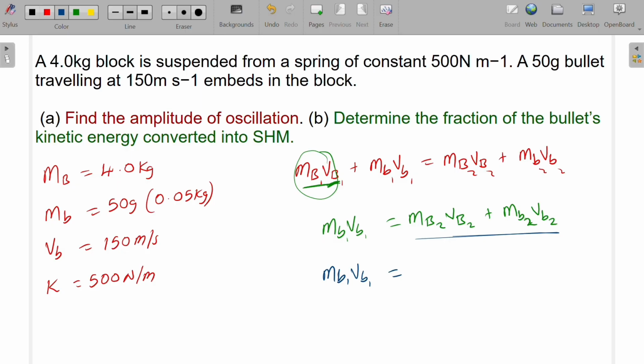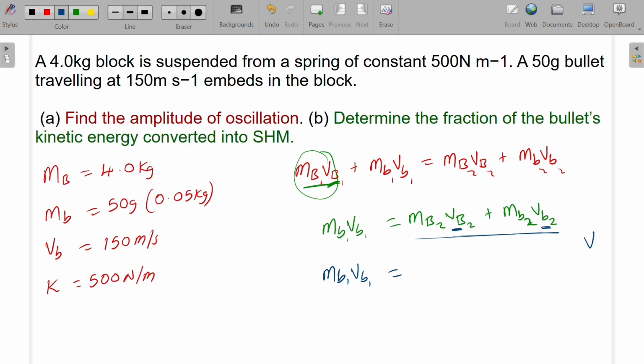Since their speed will be equal, it means this speed here and this speed here will be the same. Speed for the block and the speed for the bullet will be the same. Since this speed will be the same, let's call that speed V. And we can factor it out there.